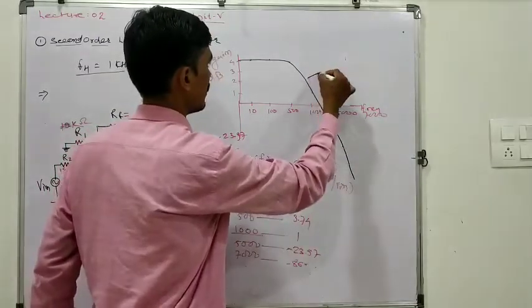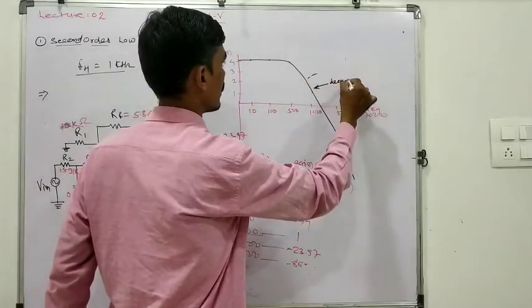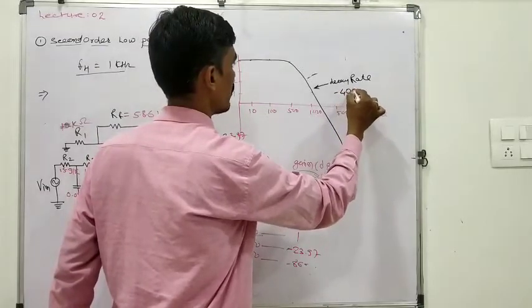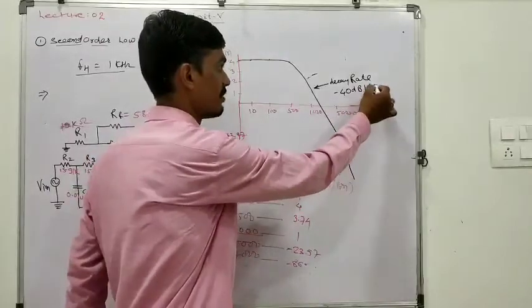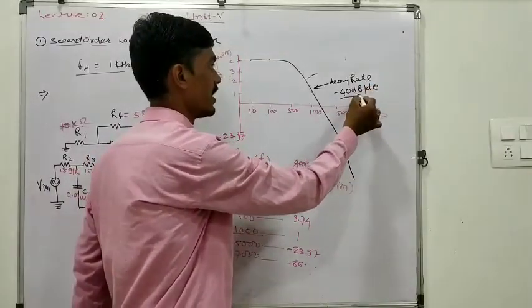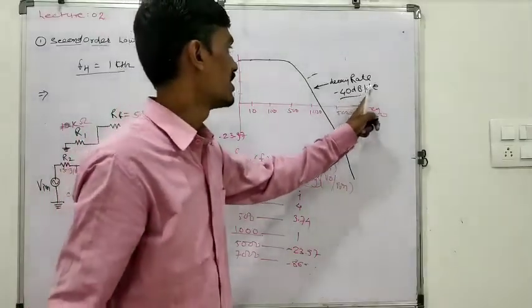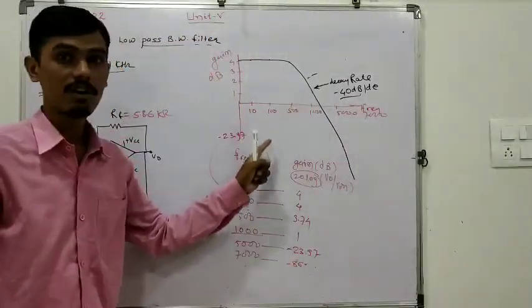So this decay rate must be minus 40 decibel per decade. Why is this minus 40 decibel per decade? In the previous case it was minus 20 dB per decade, but here it is minus 40 dB per decade, because this is a second order low pass filter.